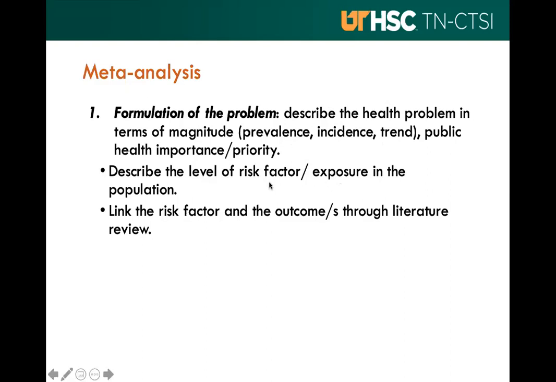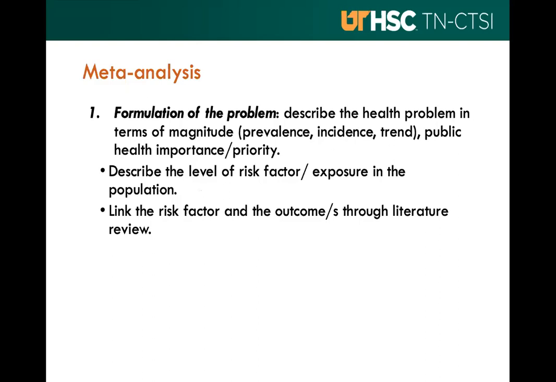And describe the level of the risk factor or the exposure in the population. So for example, if we look at type 2 diabetes, at this moment, globally, over 400 million people have been affected. And it's estimated that by 2030 or 2050, the number keeps on increasing.